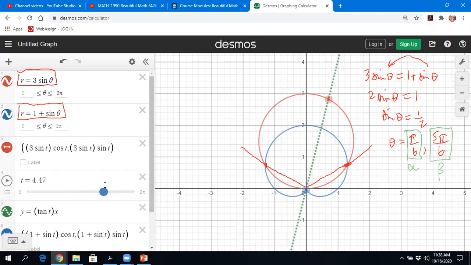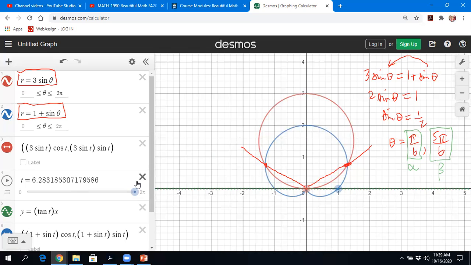So the issue is they didn't hit the origin at the same value of the parameter. They were never at the origin at the same value of the parameter, and then the red one comes back to the origin now, and guess what? The blue one's back over there. That is why we missed the point 0, 0.